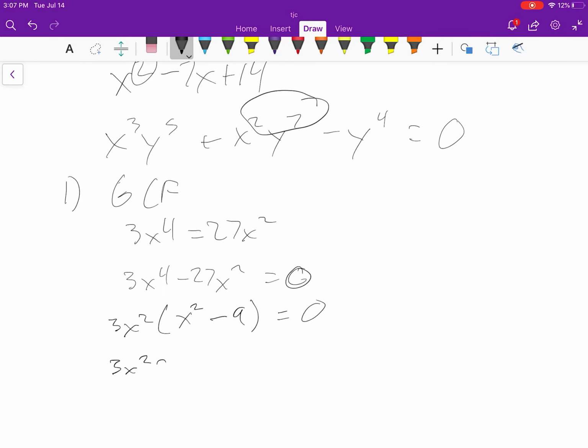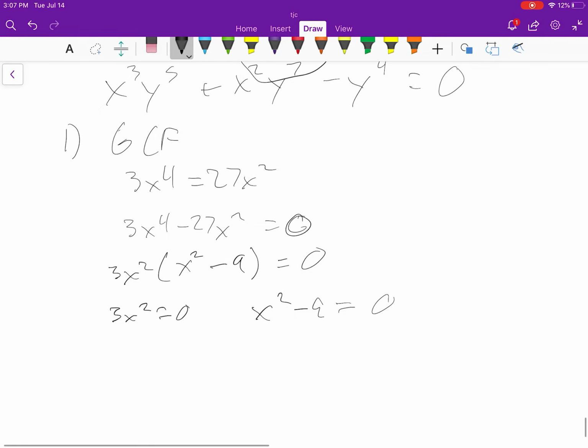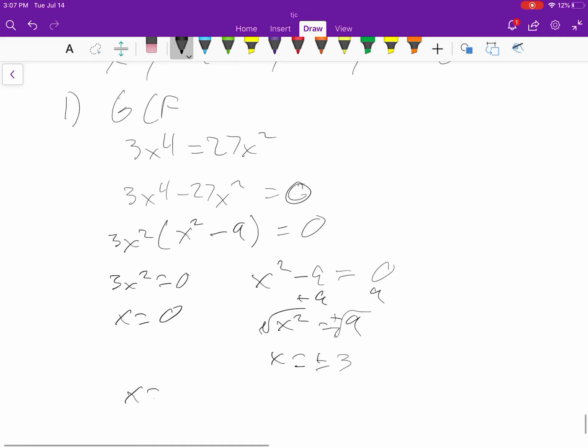Then you break it up into 2 parts. This is going to give you x equals 0. Over here, you add 9 to both sides and have x squared equals 9. You take the square root of both sides, have plus or minus, so x equals plus or minus 3. And so we get the solution x equals 0, 3, or negative 3.